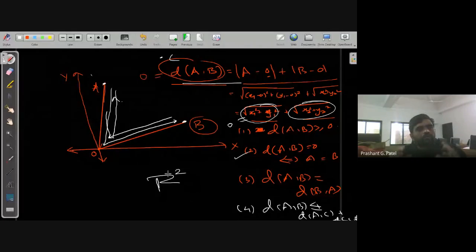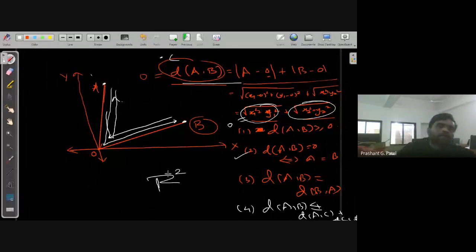Can we define a distance on that object? And that's why, to define a distance on any object, that is the definition of a metric. So what will be the definition of a metric?